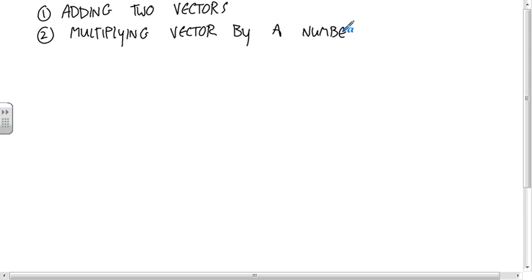And instead of numbers, we're going to call these scalars. A scalar is just a mathematical quantity that isn't a vector. It's just a number.